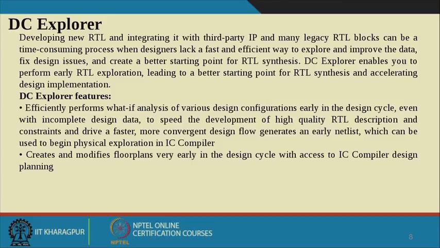It also helps to improve the speed of development of high quality RTL description and the constraint file, and it drives a faster and more convergent design flow, having the third party IP's netlist file as well as the designer netlist file. All of this can be used in the further mode, which is the backend mode, performed in the IC compiler.